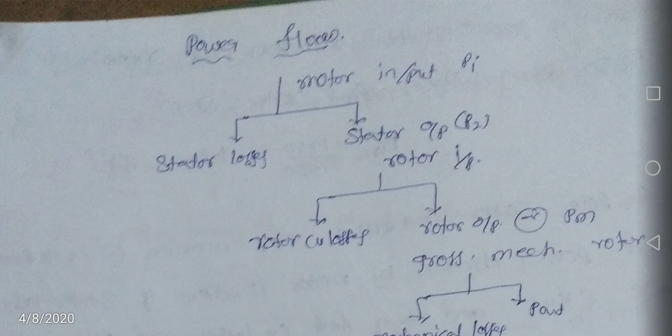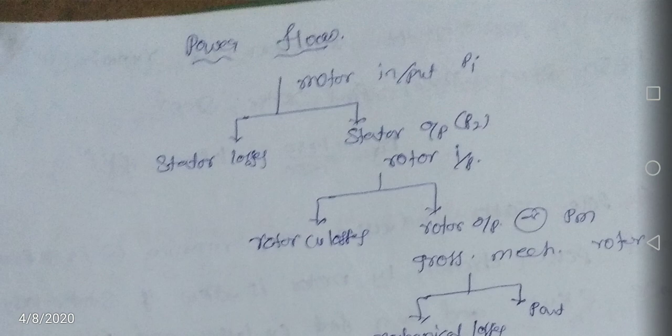So when this fixed power P2 is given to the rotor, some power is wasted in the rotor, which is called copper losses, and the remaining power is sent to the shaft.